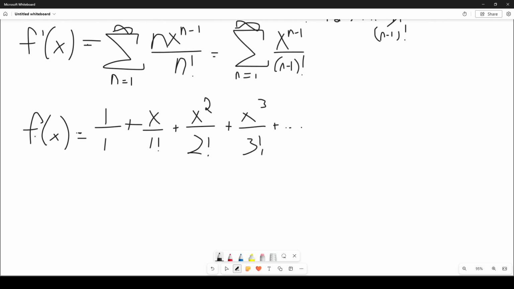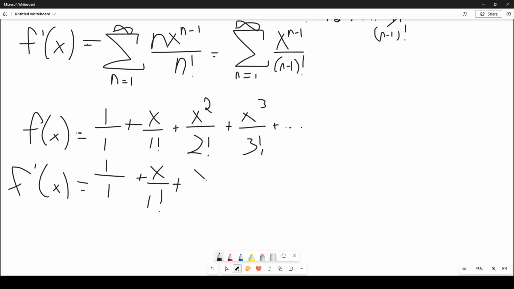Now let's look at f prime of x. If we take n equals 1, well, we're once again going to get x to the 0, which is just 1, over 0 factorial, which is equal to 1. If we take n equals 2, we're going to get x to the 2 minus 1, which is x, over 2 minus 1 factorial, which is 1 factorial.